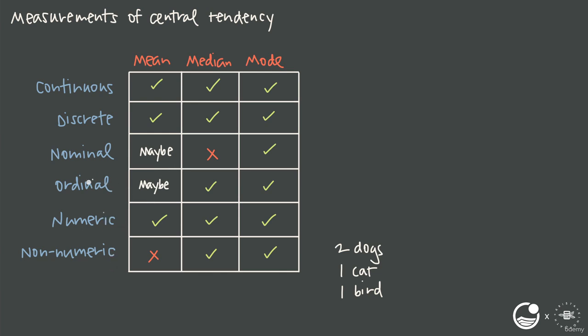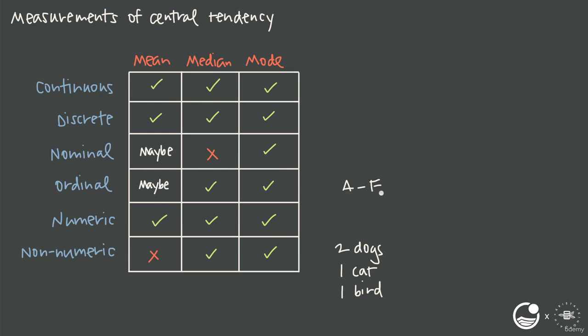For instance, you could imagine an ordinal data set of grades, letter grades in a class. So if a professor is handing out grades A through F, that's data that can clearly be ordered, but we wouldn't be able to calculate a mean of that data set because this is non-numeric data, and so we can't add up these grades and then divide by the total number of grades.